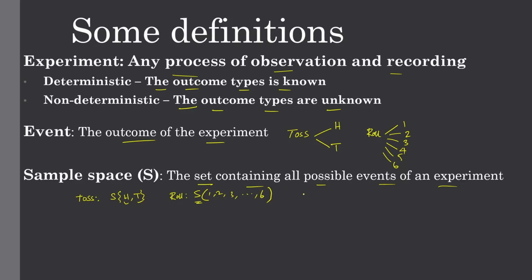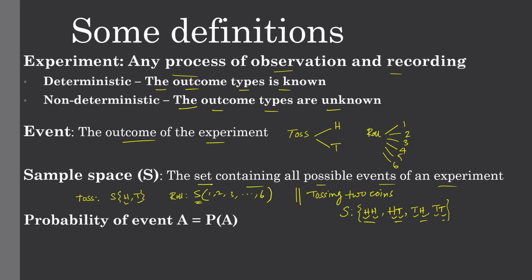For a slightly more complex experiment, for example, tossing two coins, what could be the sample space? It could be like this: HH, HT, TH, and TT. Here the first is the first toss and the second is the second toss. So a total of 4 types of outcomes can be expected from that experiment.